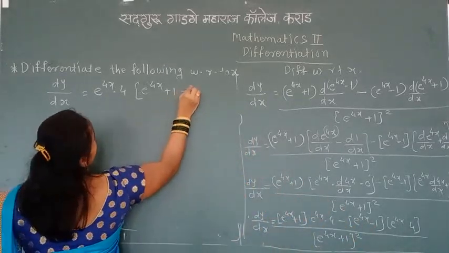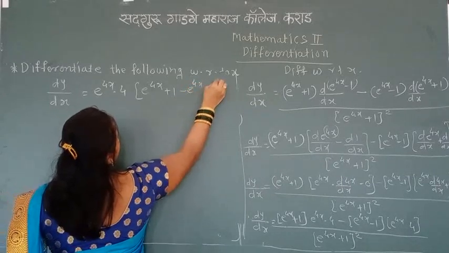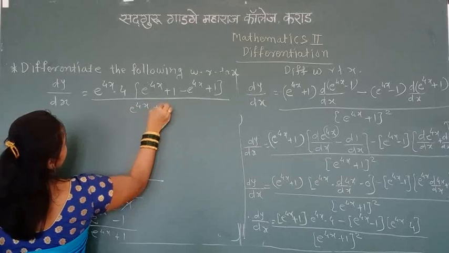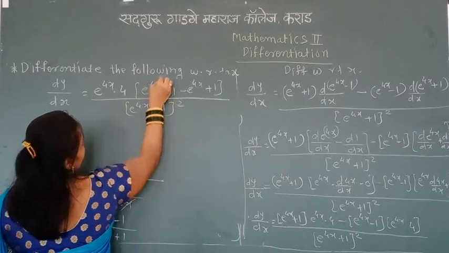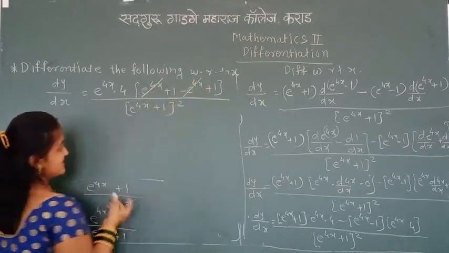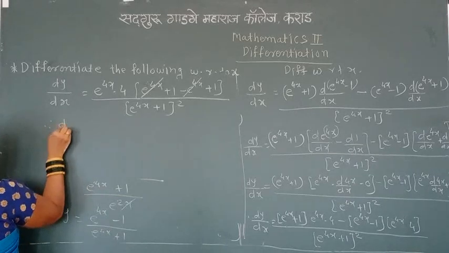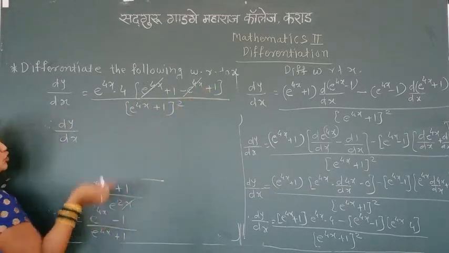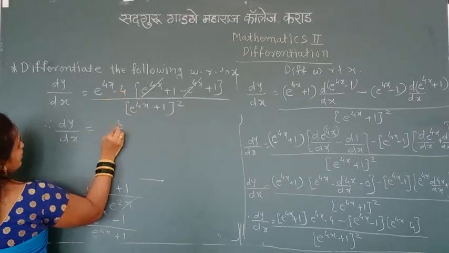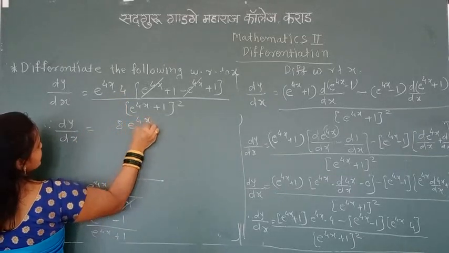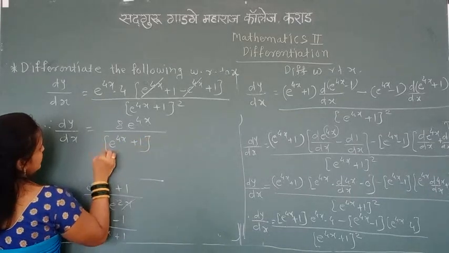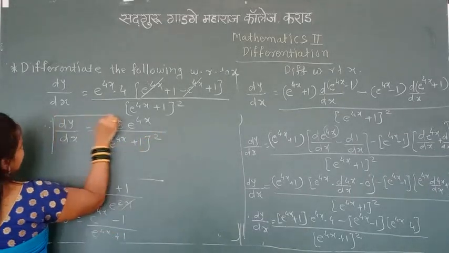So minus e raised to 4x plus 1, divided by e raised to 4x plus 1 whole square. Now e raised to 4x cancels out. So we get the final answer: dy by dx is equal to 1 plus 1 which is 2, 2 multiplied by 4 which is 8. So 8 e raised to 4x divided by e raised to 4x plus 1 whole square. This is our final answer.